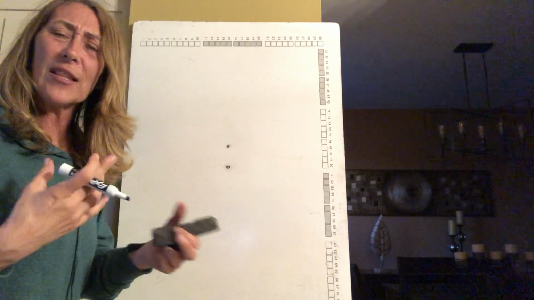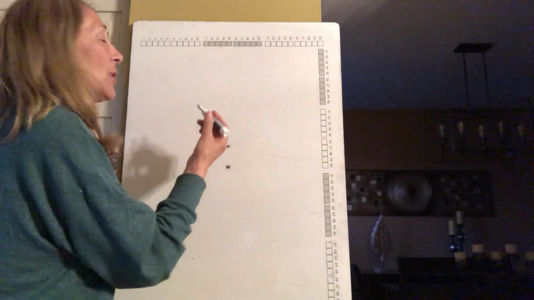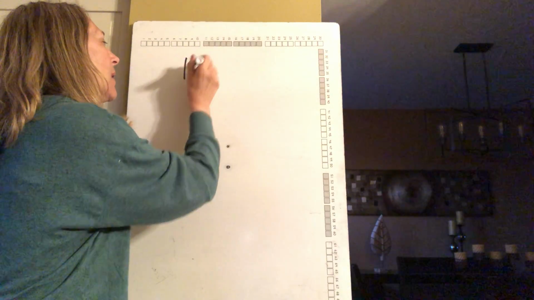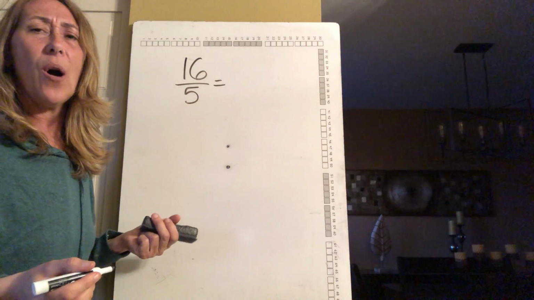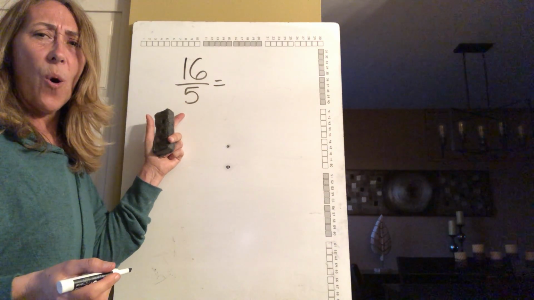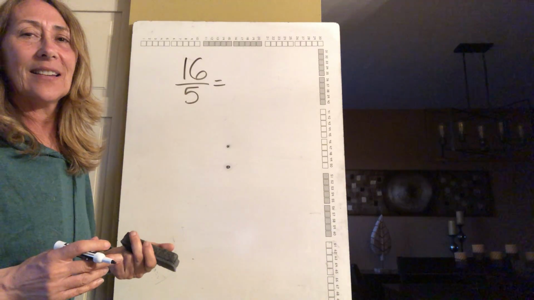The more you do this, the easier it gets. You find the relationship between numbers, between operations. We'll go with 16/5, fraction greater than a whole. 5 pieces to make a whole. I have 16.